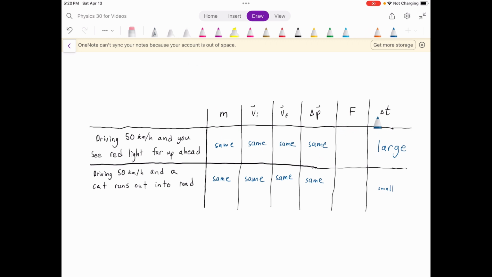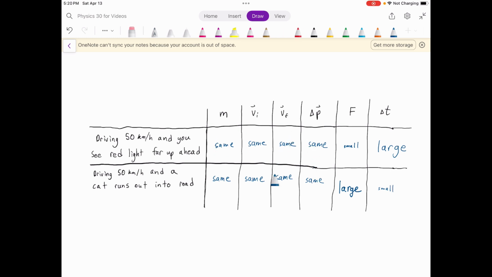So because there was such a large time for this scenario, do you slam on the brakes as hard as you can when you see a red light way up ahead? No, right? You can apply a small force for a longer time. And for the cat situation, you have to stop very quickly, so you need a very large force, right? Again, the impulse is the same either way. It has to be.